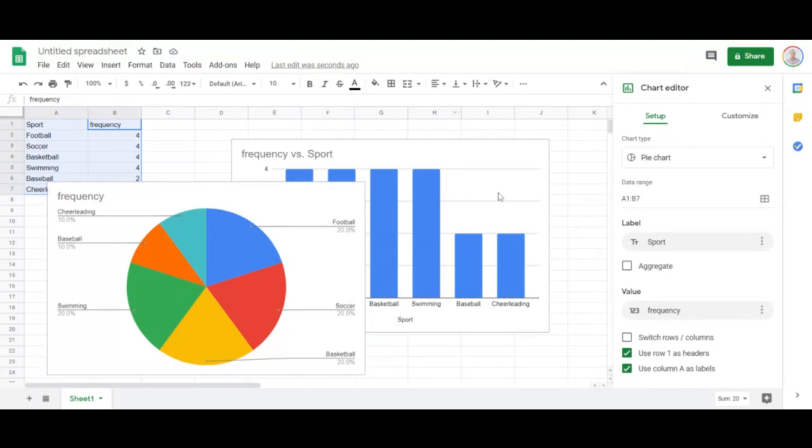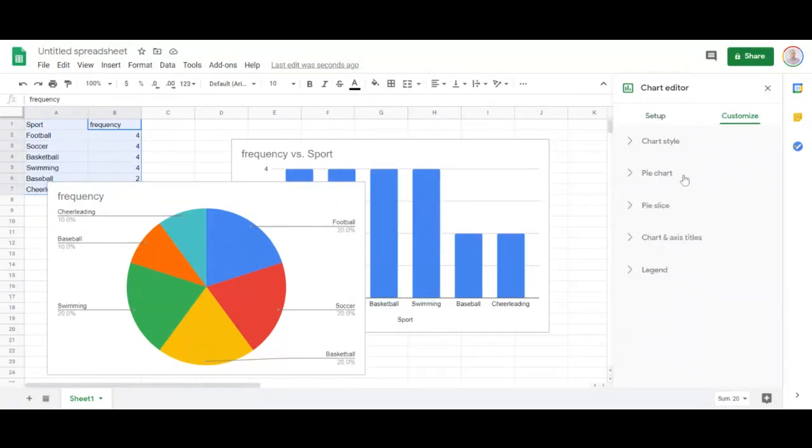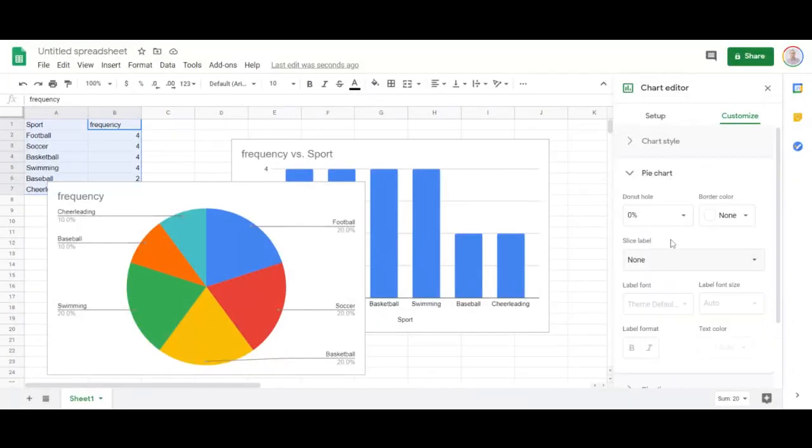And again, if we want to make it look nicer, you can go to Customize, Pie Chart. And on the labels, you could actually see the relative frequencies under the categories here. 20% under football. We could also put it in the slices like this, and their value as well. See?